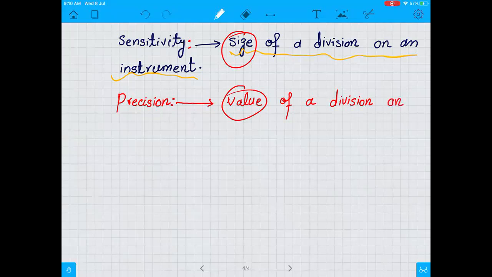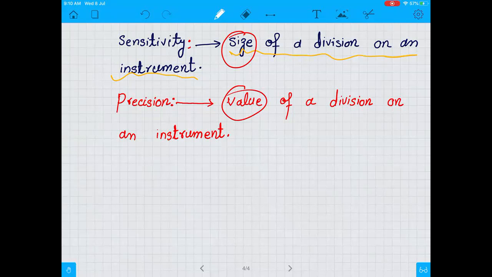Sensitivity is about the size of a division and precision is about the value of a division.